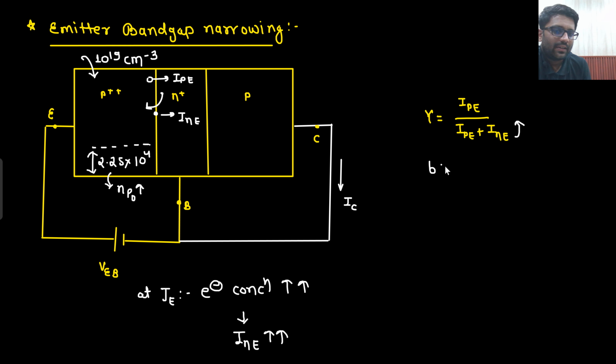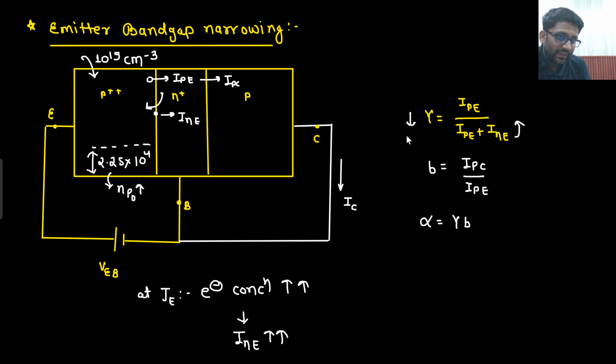What about the base transfer factor? That remains the same, because IP is the same and IPC is also the same. So no change in the base transfer factor. Sorry, this was IPC by IP. This remains the same, but if this value has increased, that means this value has gone down. What was your alpha?